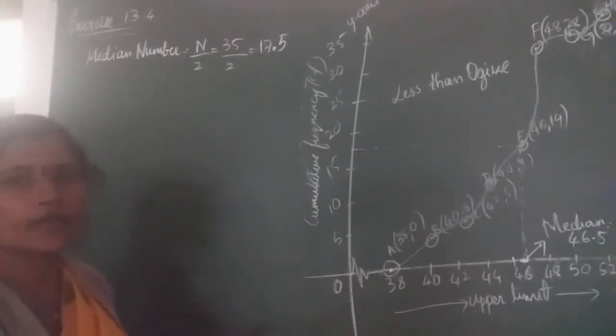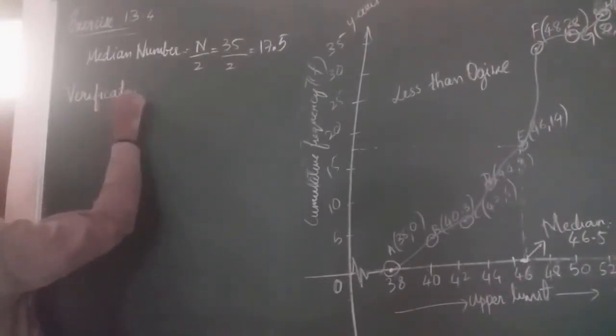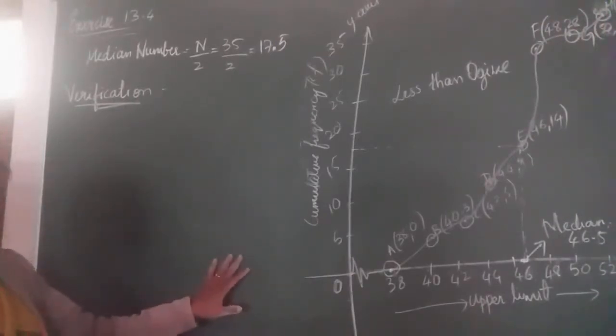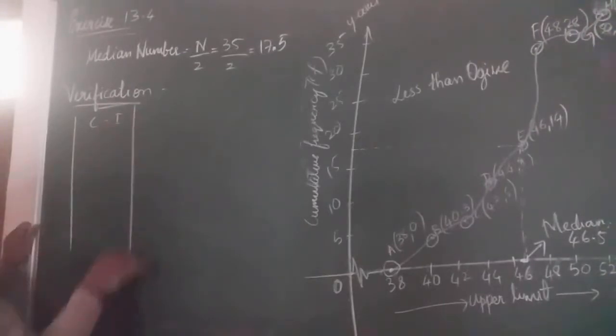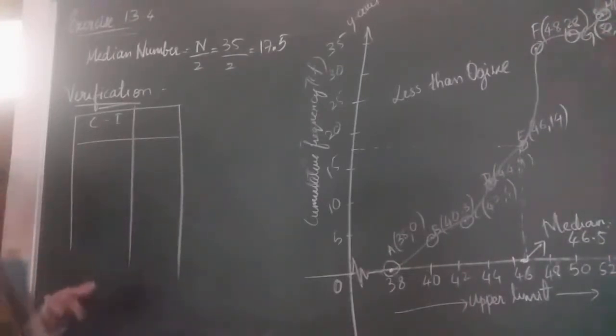Now they told you to verify the median. Let us take once again, we have to take out the columns here. Class interval, they have given the CF there. Class intervals they have given in terms of less than type. Convert that into class intervals.